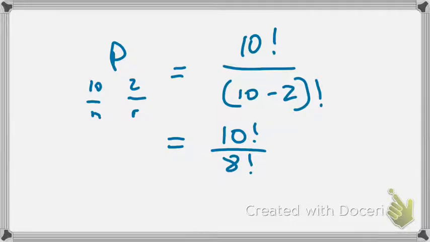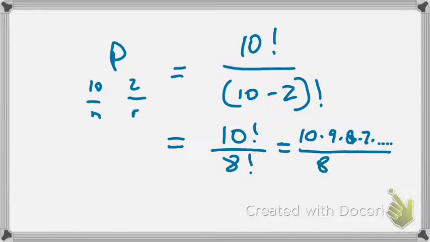Now, the neat thing about factorials is that they cancel each other out. So if we have 10 factorial, that's 10 times 9 times 8 times 7 times, dot, dot, dot. It continues, right? 8 factorial is 8 times 7 times 6 times, dot, dot, dot.